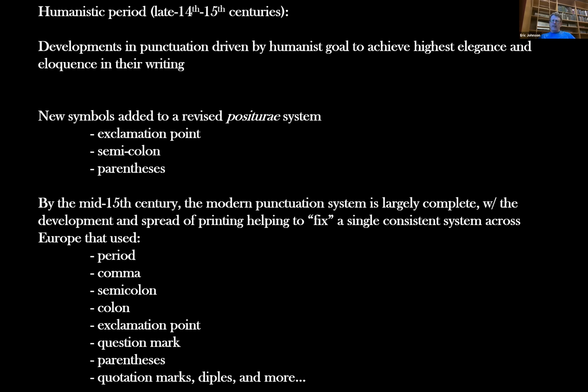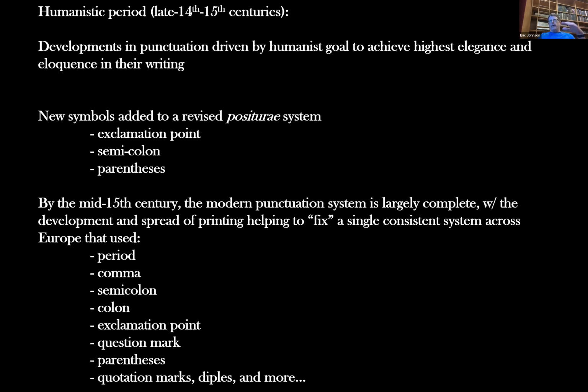So we start to see the question mark move into a more vertical axis, the way that we're used to seeing it. We see the introduction of the semicolon, the exclamation point, parentheses, all of these things. And by the mid-15th century, what we now think of as the modern punctuation system is largely complete. And by about the mid-15th century, when we start to see printing emerge, that humanistic punctuation system is largely going to be set. And this becomes really what we use today.